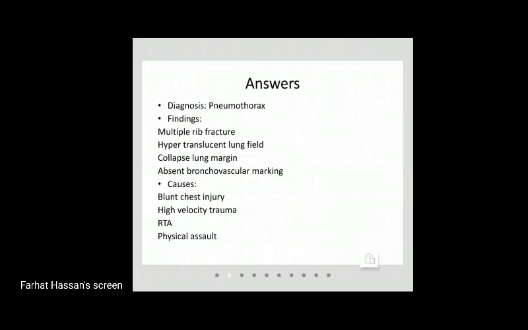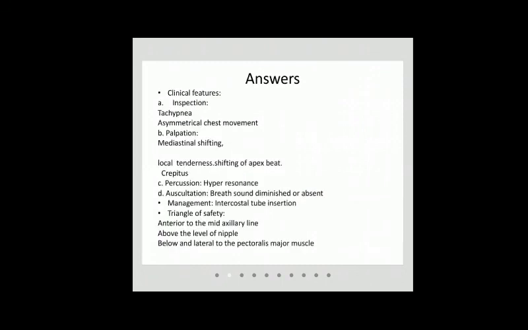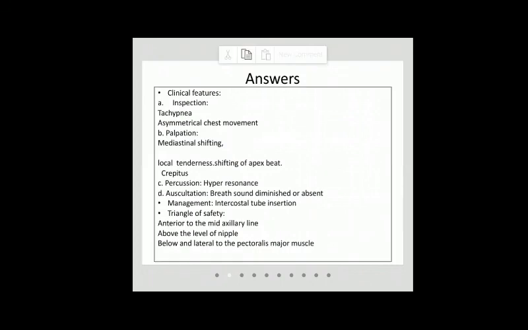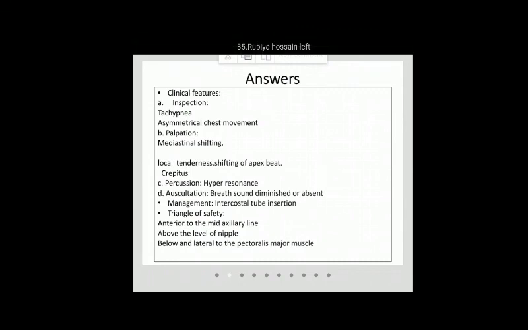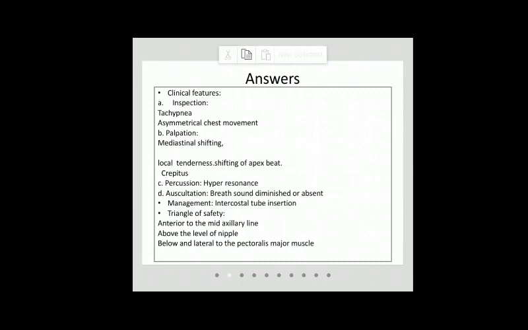Any question? So I think this is all about today's class. Tomorrow is a very important class. Also, in the OSPE station we are going to discuss regarding X-ray, abdominal X-ray like intestinal obstruction, kidney stone, hydronephrosis, barium enema.